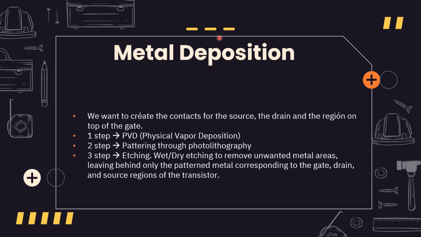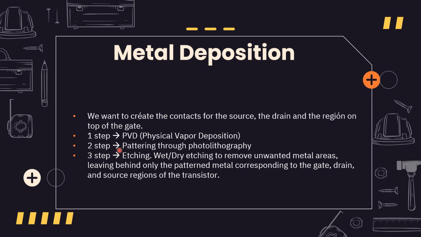Now we talk about metal deposition. Basically, in metal deposition, what we are interested in is to create some contacts for the source, the drain, and the region on top of the gate. Those regions which were doped with phosphorus. So the first step, which I will explain after, is the PVD, also known as physical vapor deposition. This basically introduces a thin layer of our metal into our desired parts.